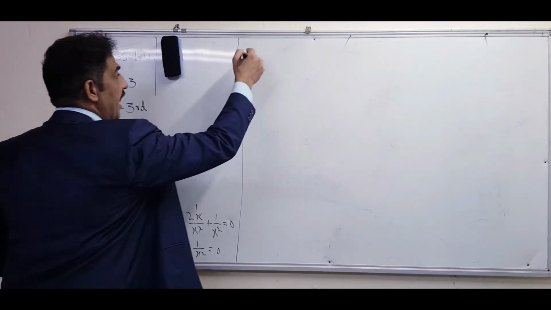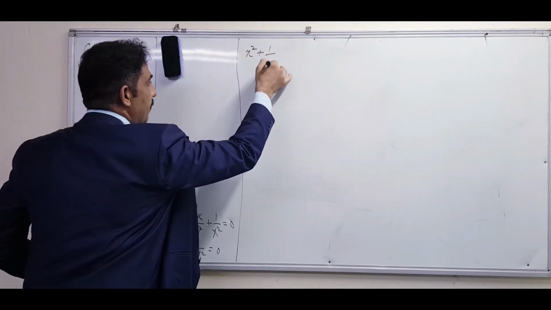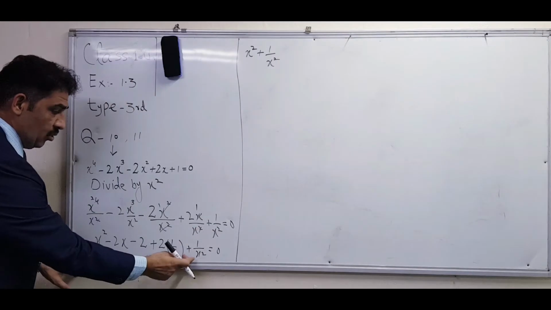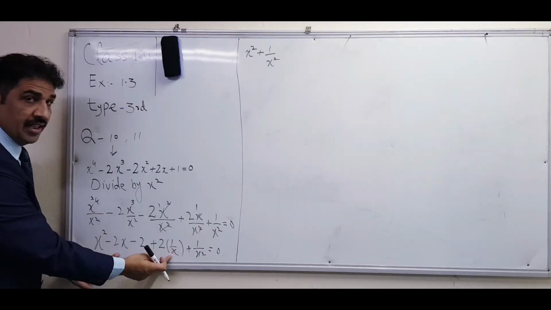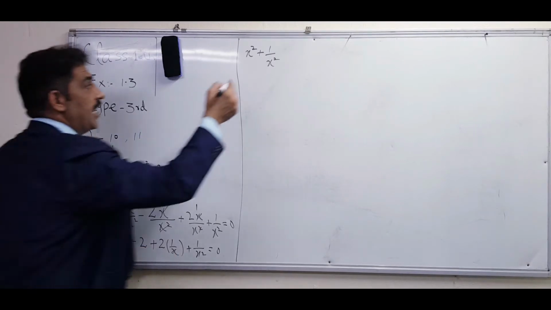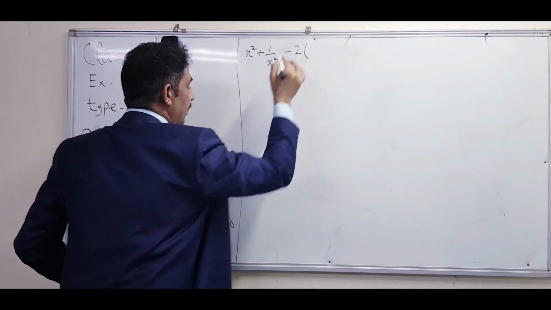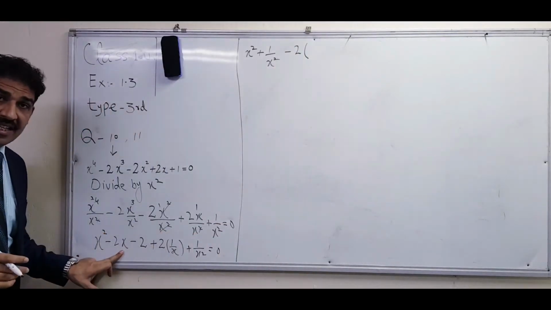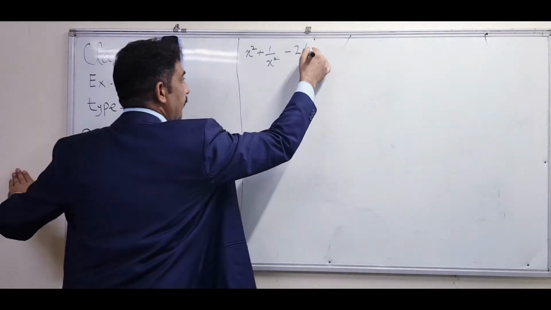First we write x square plus 1 over x square. These two terms we rearrange. After that, the terms of x, this one, x and 1 over x. Here 2 can be taken common. If I take minus 2 common, what's remaining here? The term x will remain.